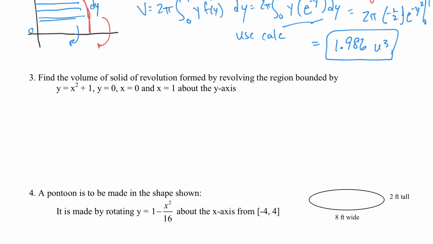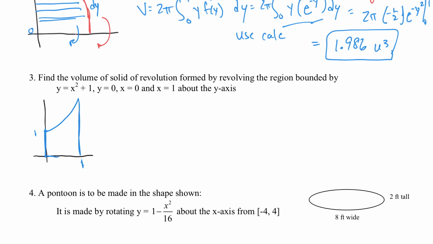And I've got right here x squared plus 1, so it's starting right here. We'll say this is at 1, and it's going up, and it's bounded by y equals 0, x equals 0, so right here, and x equals 1 right there.